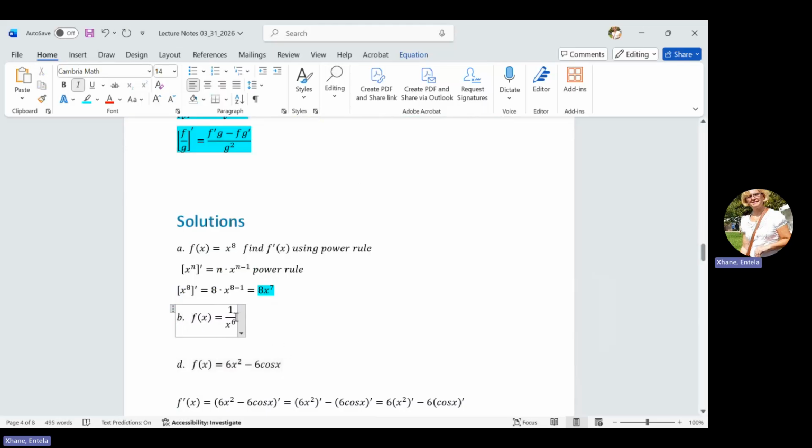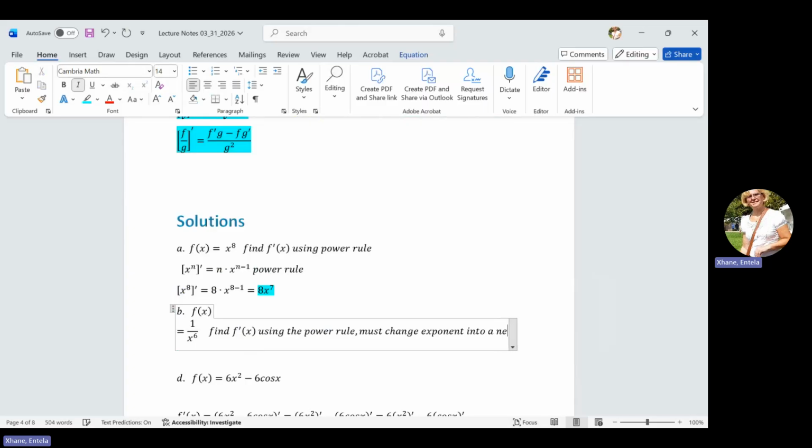So in order for me to find f prime of x using the power rule, I must change the exponent into a negative exponent.